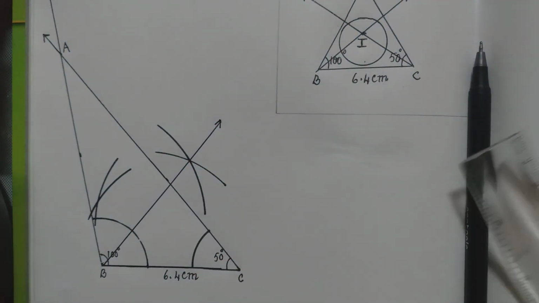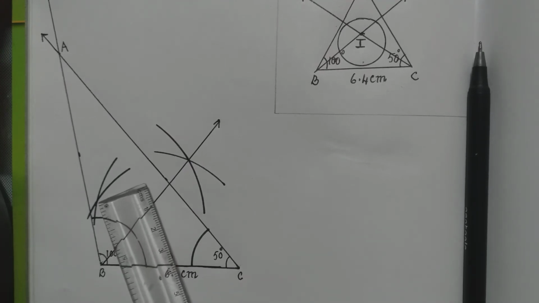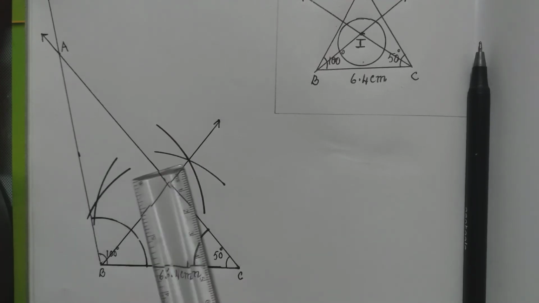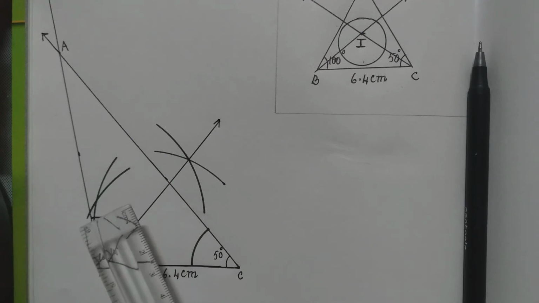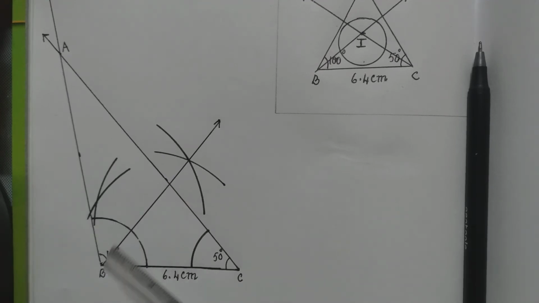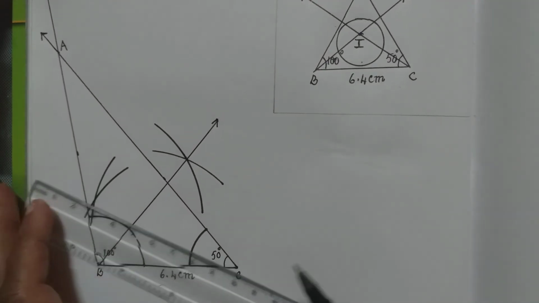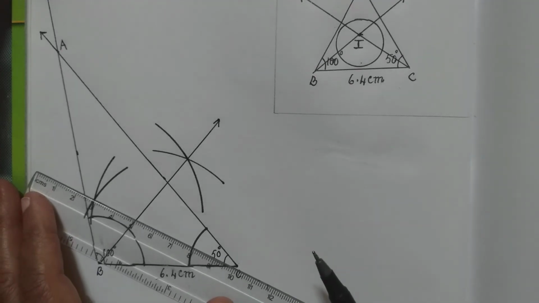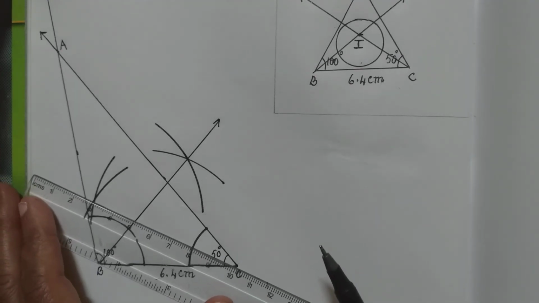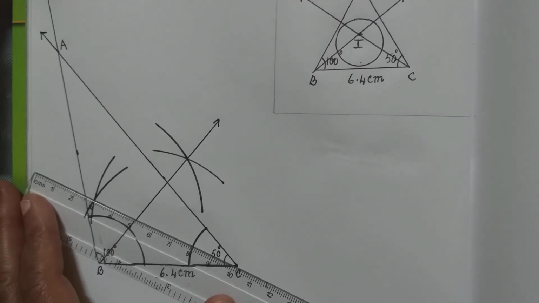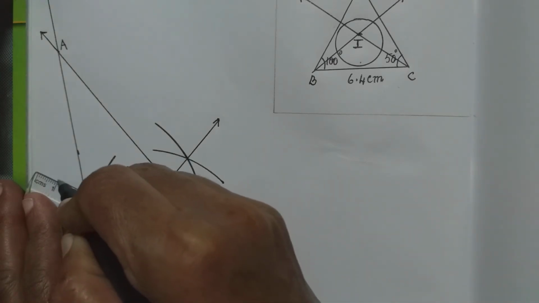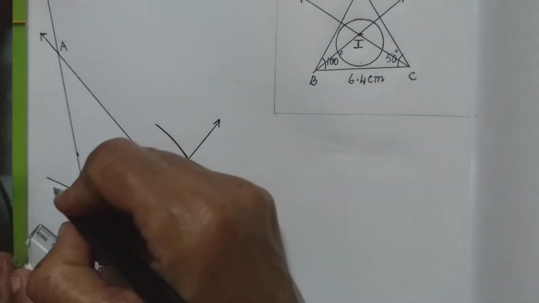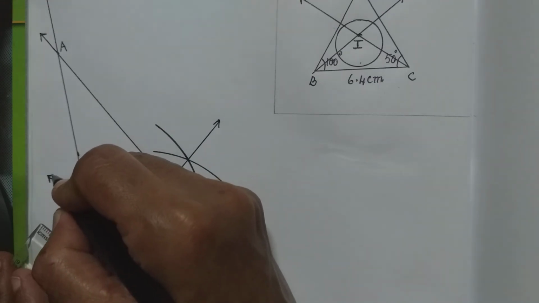Now again we have the point of intersection of these two arcs. So now we draw the angle bisector of angle C, through C and through this point of intersection. I continue drawing it and then put the arrow mark.